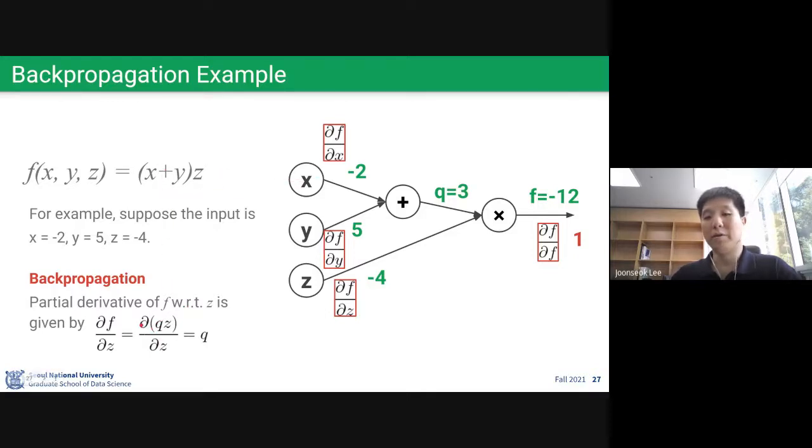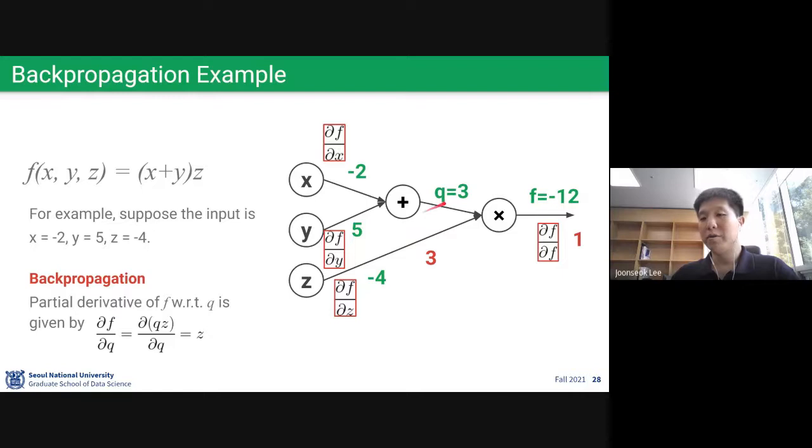So this is the partial derivative of qz with regard to z. When you compute this analytically, that is q, which is x plus y, right? And x plus y is 3. So that's how we have this partial derivative using this formula.